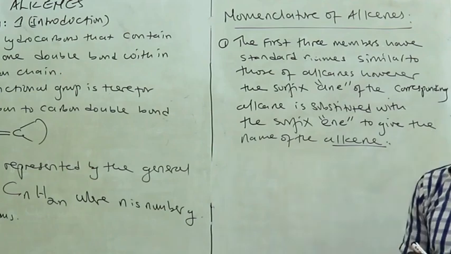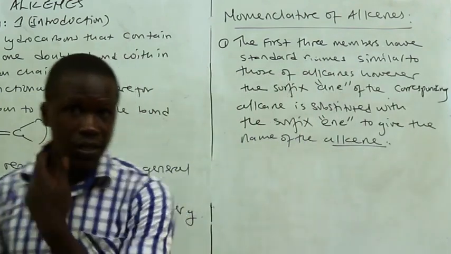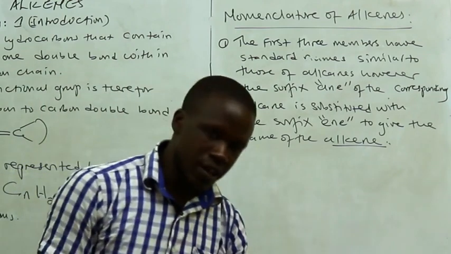So that means the names of the alkenes come from the names of the alkanes.